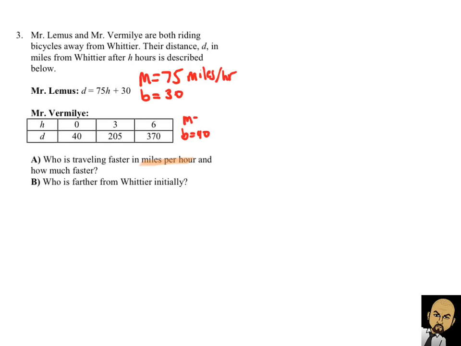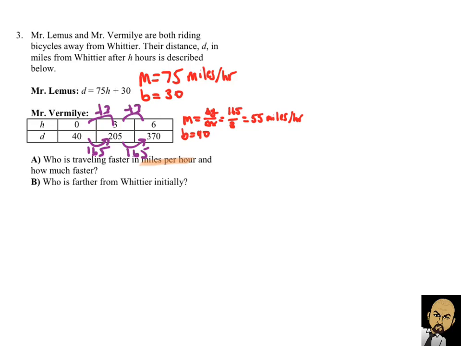Let's take a look at Mr. V. The initial value is 40, and the slope is the change in y over the change in x. After dividing, you can see that there's a consistent change. The change in y is 165, the change in x is 3, and when you divide 165 by 3, you end up with 55. So the slope for Mr. Vermillion is 55, which is a unit rate of 55 miles per hour.